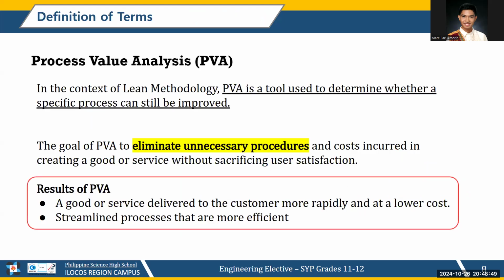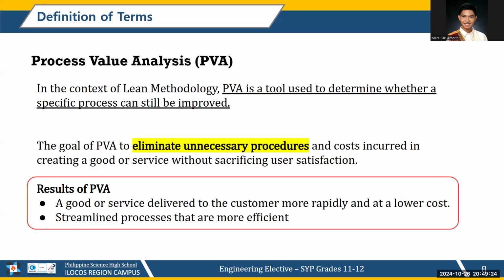So let's define what process value analysis is. PVA, in the context of lean methodology, is a tool used to determine whether a specific process can still be improved. Similarly, the goal of PVA is to eliminate the unnecessary procedures and costs incurred in creating a good or service, and of course, take note, without sacrificing customer or user satisfaction.